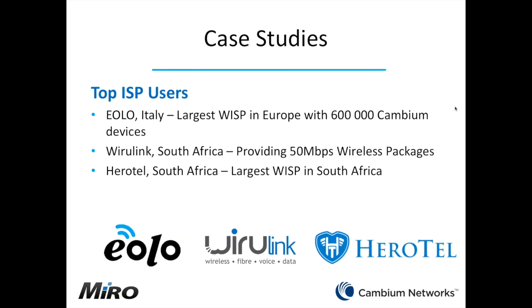What's more impressive is that of all the ISPs out there, they were rated number 1 by the independent Netflix survey, and they were the only wireless ISP in the top 6 ISPs. The rest were all fiber ISPs, but they came out on number 1.